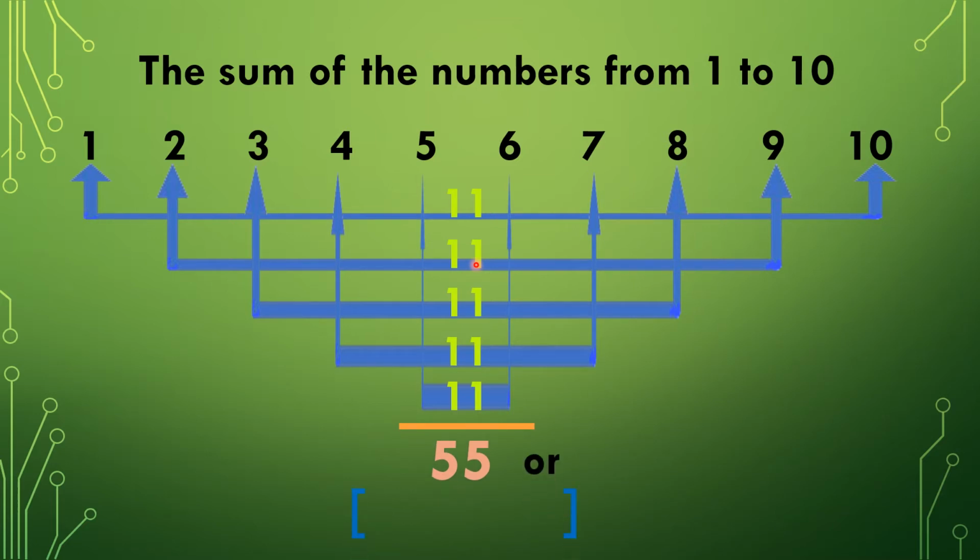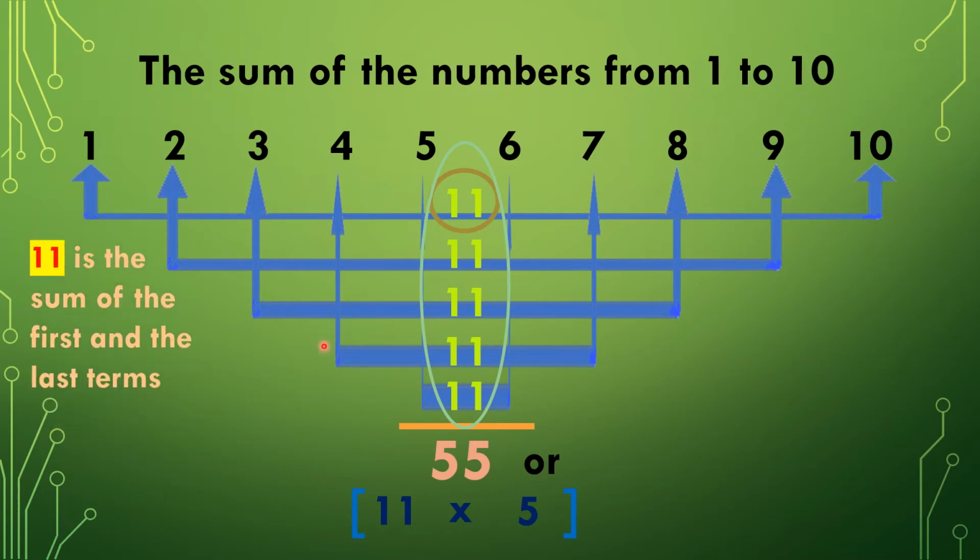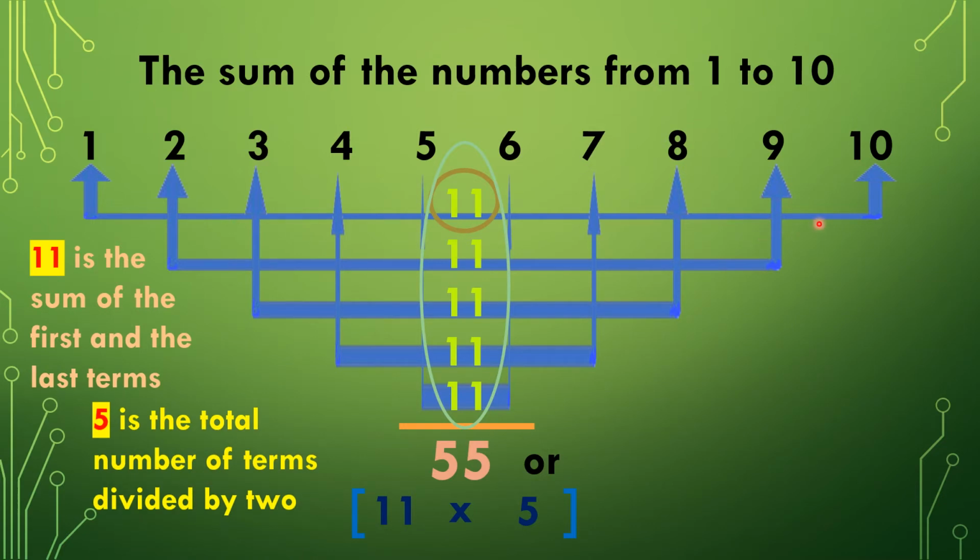Or we may consider the product between 11, which is the sum of each pair, multiplied by 5, which is the number of pairs. 11 here is the sum of the first and the last terms, and 5 is the total number of terms, which is 10, divided by 2, since we consider them by pair.